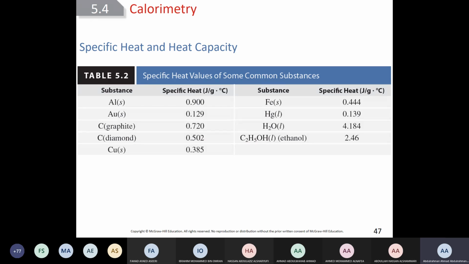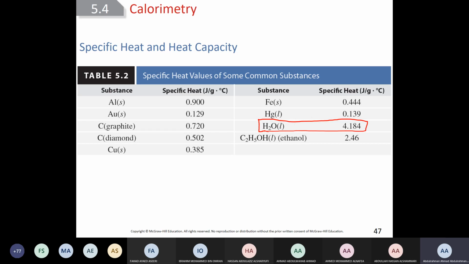Next, this is the specific heat. As I said, I don't want you to memorize any of these numbers. There is one which is water. It's available in the periodic table. So don't memorize it, but keep it in mind.